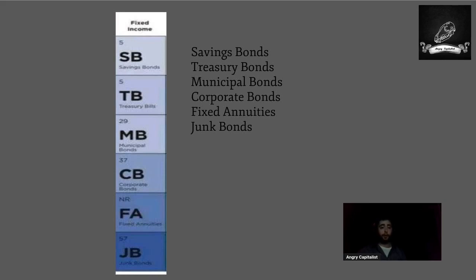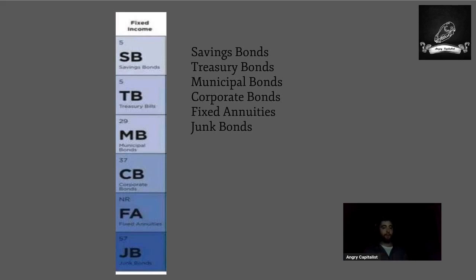Next, we're on to junk bonds. These are high yielding, meaning they typically have a much higher rate of return, but they're also much more speculative in terms of the person issuing it. Typically, junk bonds are a form of commercial or corporate debt.